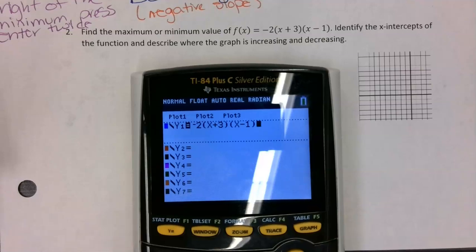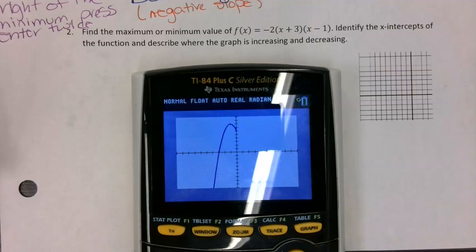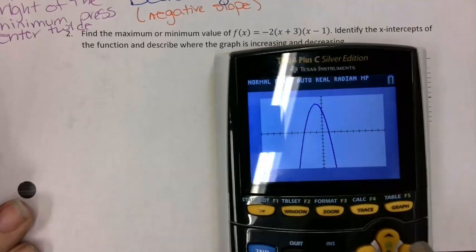So does everyone have their equation typed in? Okay, so when I go to graph it, first of all, is it a maximum or a minimum?